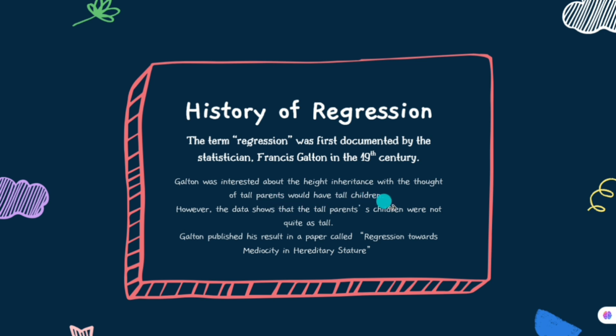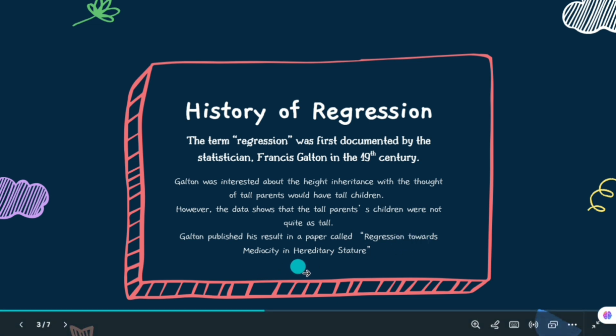So Galton started to collect data and conducted tests. However, the data showed that tall parents' children were not quite as tall. Therefore, Galton published his result in the paper called Regression Towards Mediocrity in Hereditary Status.